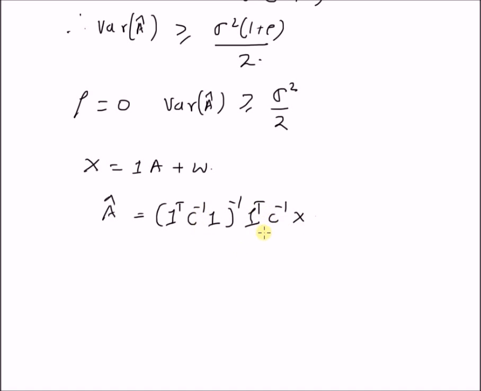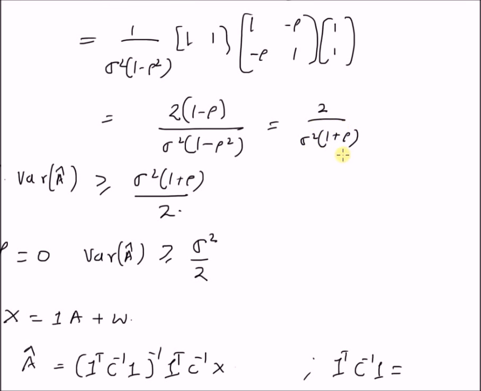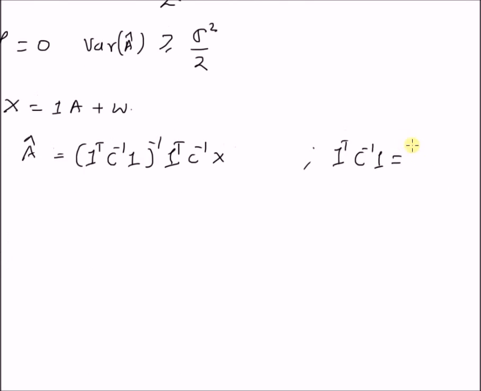So this is the minimum variance unbiased estimator for a linear model with the covariance matrix C. We have just derived that the product 1 transpose C inverse 1 is equal to 2 upon sigma square into 1 plus rho.